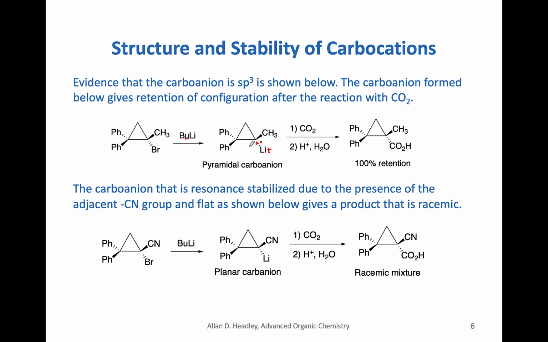So here's the anion. If this anion is sp3 with these electrons in an sp3 orbital, reacting with carbon dioxide, you may recall carbon dioxide is this, it would react right here to give this product with 100% retention, which means that these electrons are right here in a pyramidal sense, and reacting with carbon dioxide gives retention.